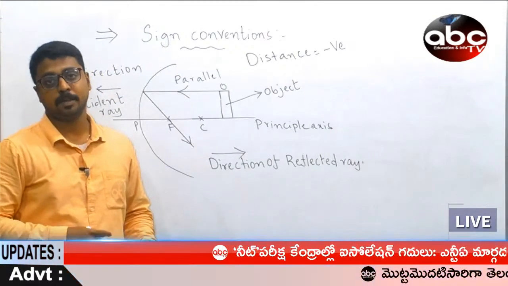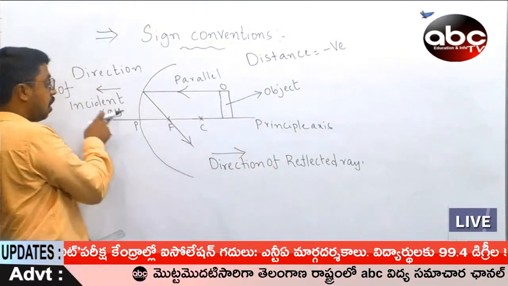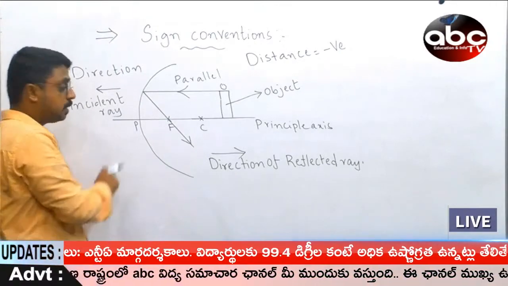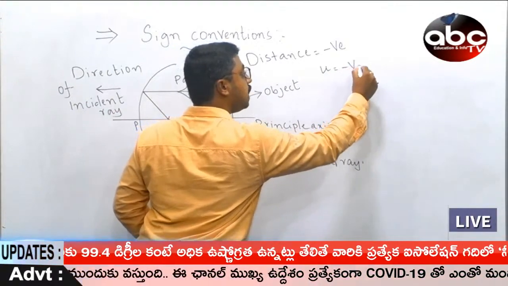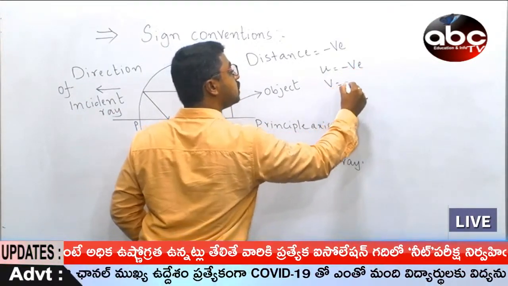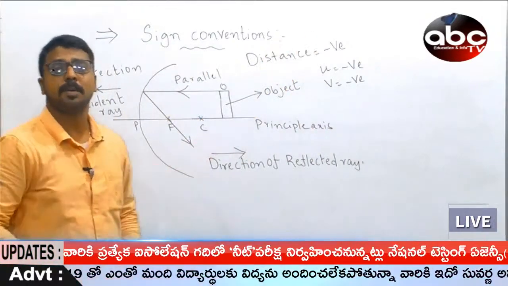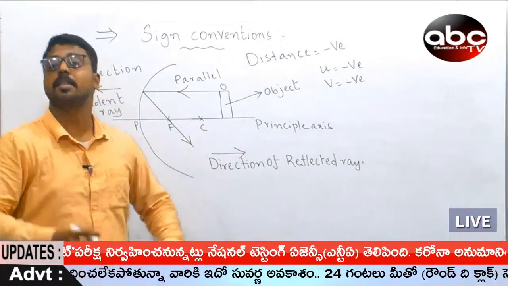That is, for suppose, the image is formed here. It is not lying in the direction of the incident ray. Therefore, object distance is taken as negative, image distance is also taken as negative, and we state the value next to it. For suppose, minus 15 centimeters, minus 20 centimeters, like that.